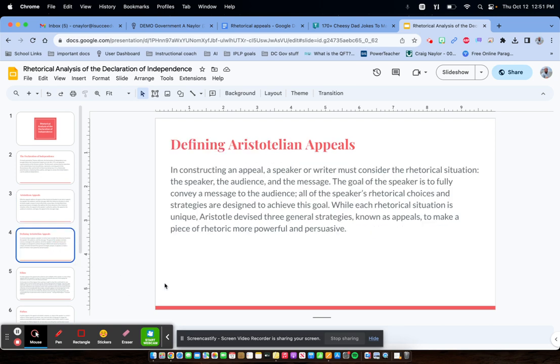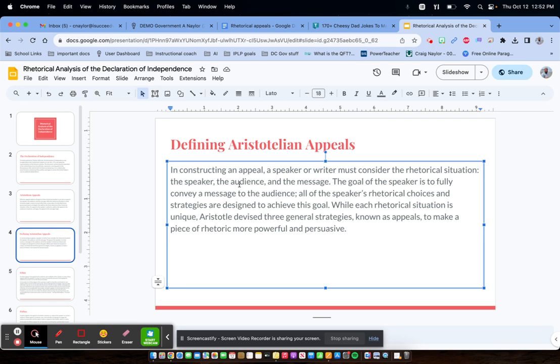So, defining Aristotelian appeals: in constructing an appeal, a speaker or a writer must consider the rhetorical situation. These are the three parts of the rhetorical situation: the speaker, the audience, and the message. In the Declaration of Independence, the speaker is the new United States.